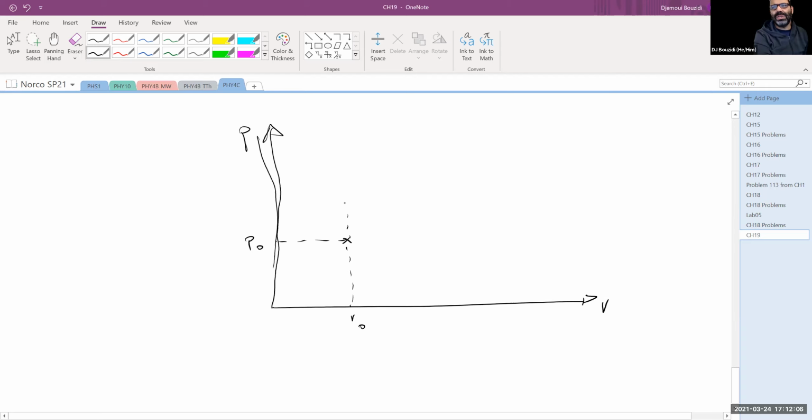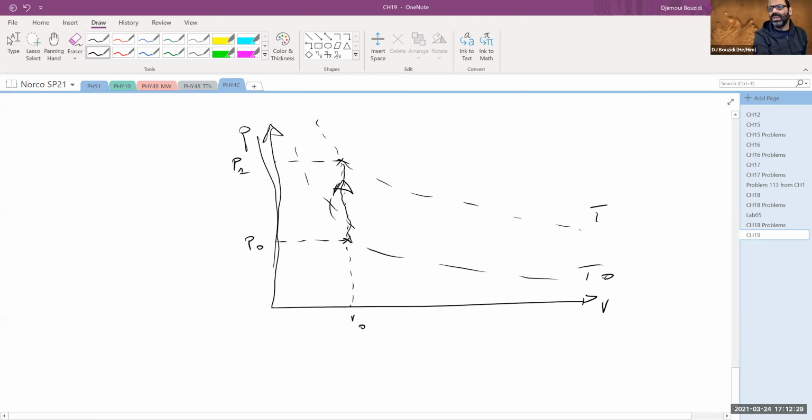But I'm going to go on this line so that the final pressure is P1. So the pressure went up. This sits on an isothermal, which I'm going to call T1, and the starting point sits on another isothermal called T0. So the temperature definitely went up from T0 to T1. So there is an increase.